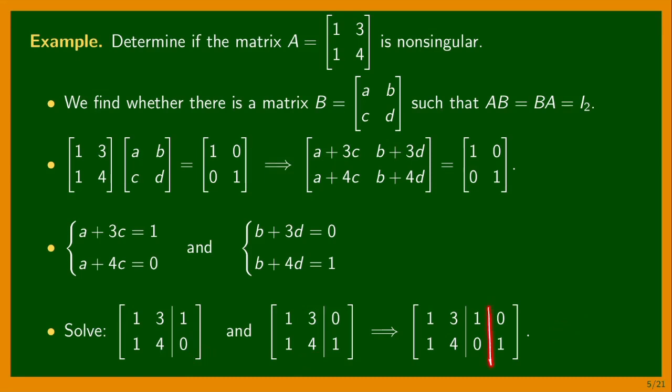This column corresponds to this column, and this column corresponds to this column. On the right-hand side of the vertical line, you see the 2 by 2 identity matrix.